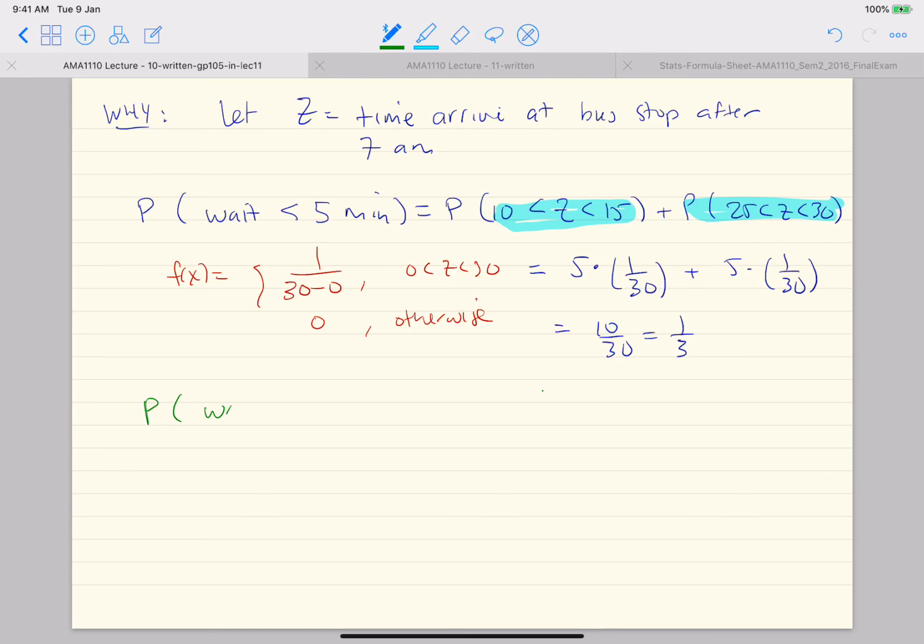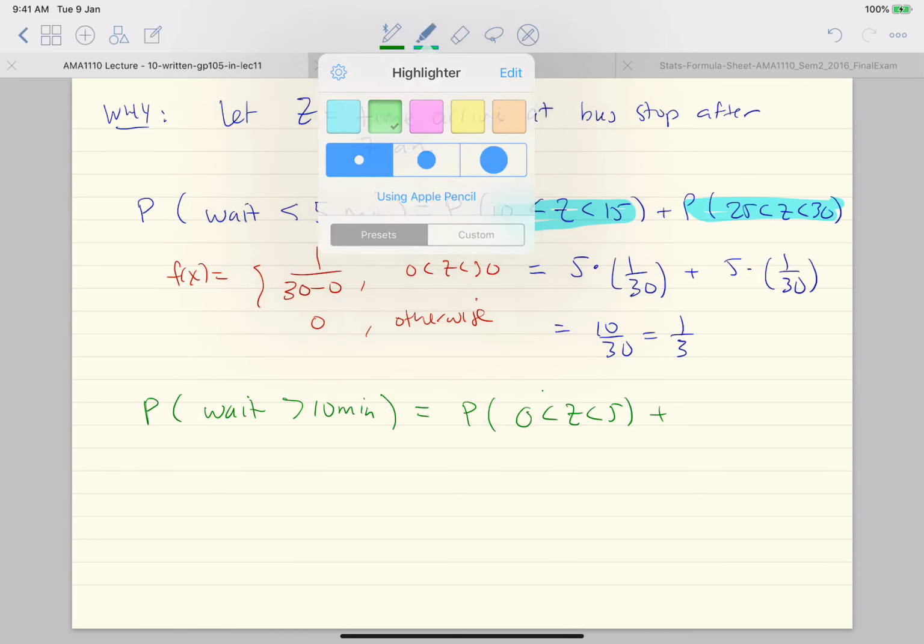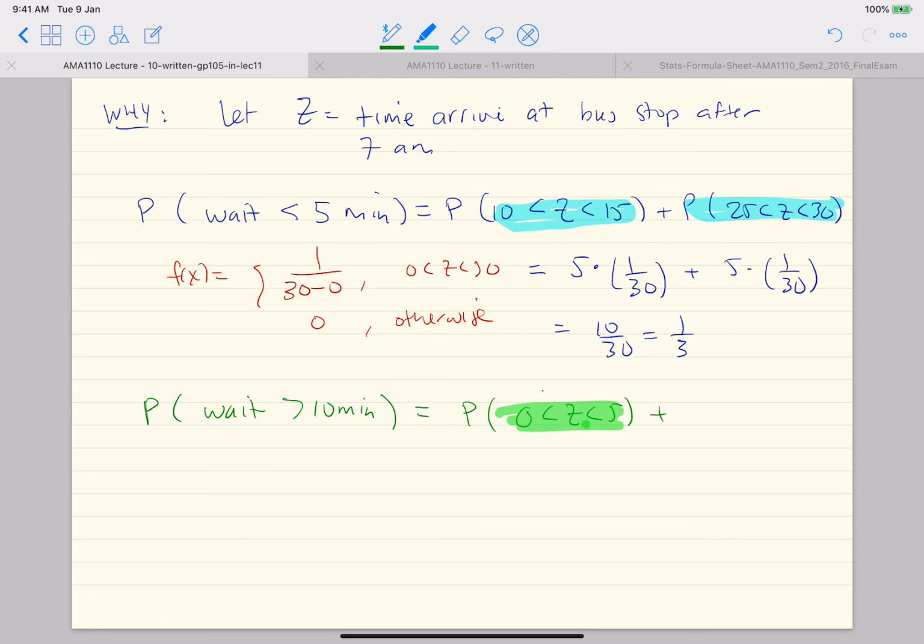Similarly, the probability that you wait greater than 10 minutes for the bus to come is the same as the probability that you come in between 7 o'clock and 7:05, because at 7:15 comes the next bus. So if you come in between these times, then of course you wait for greater than 10 minutes.